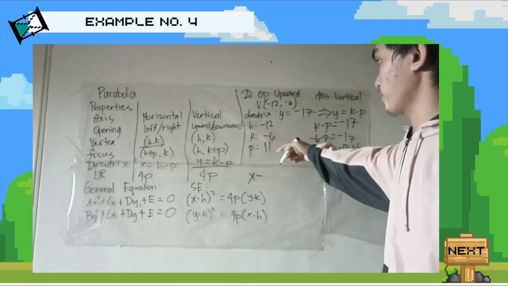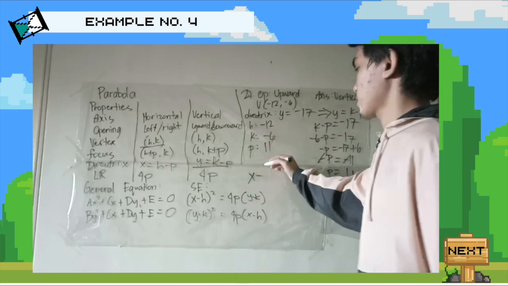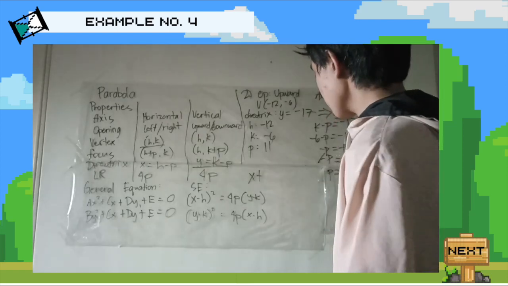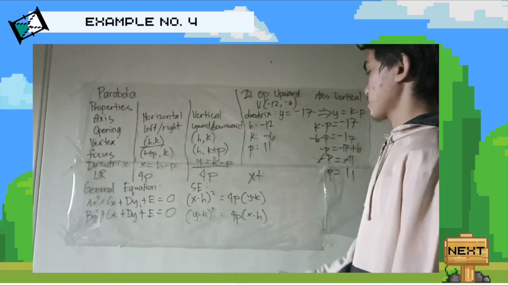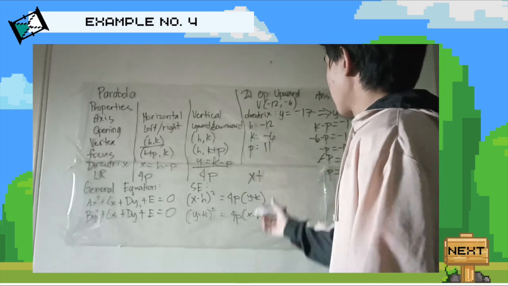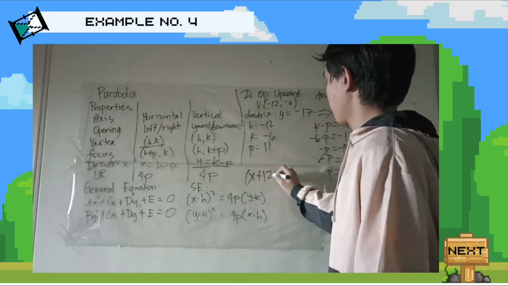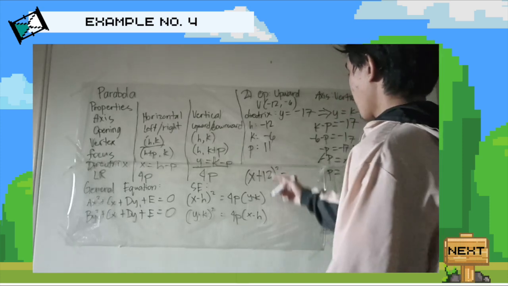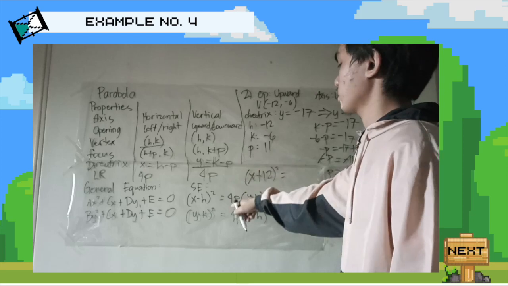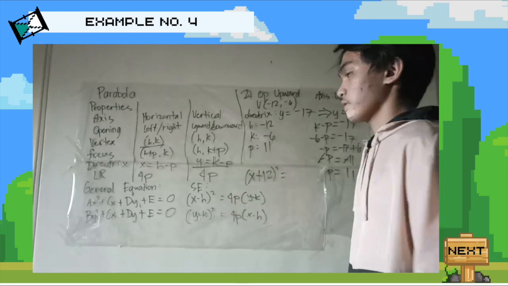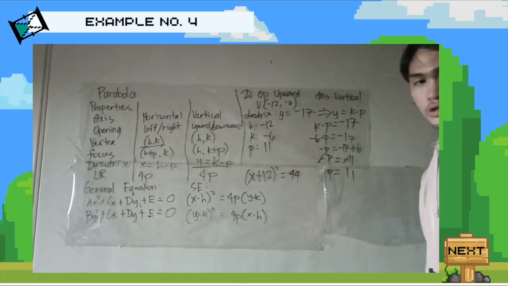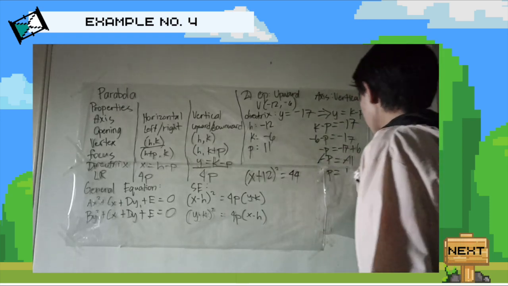That is negative 12, so negative times negative is positive. So x plus 12 squared is equal to 4p. Our p is 11, so you just multiply it by 4 to get 44.